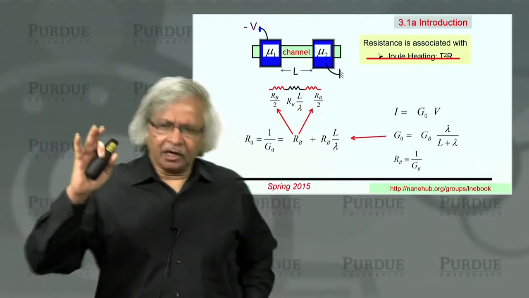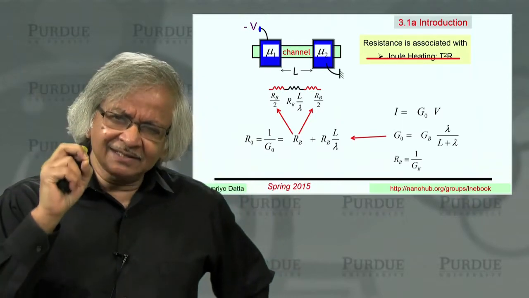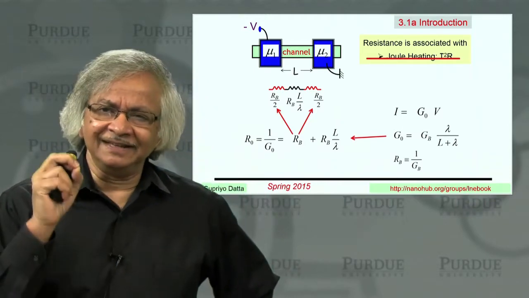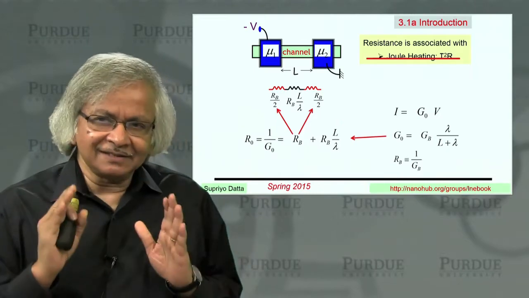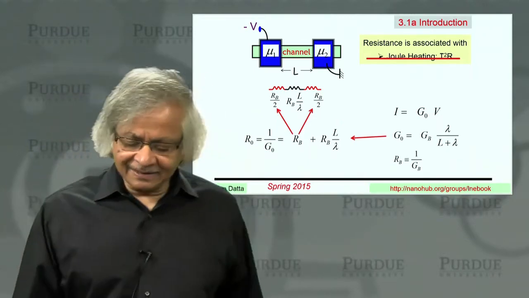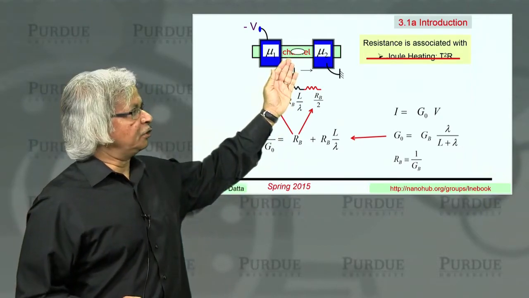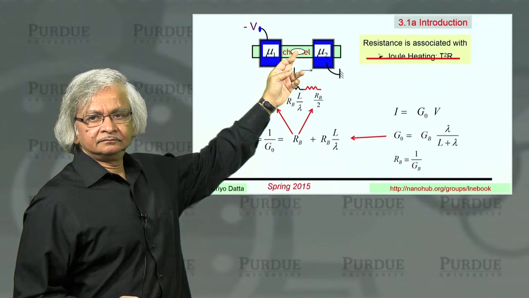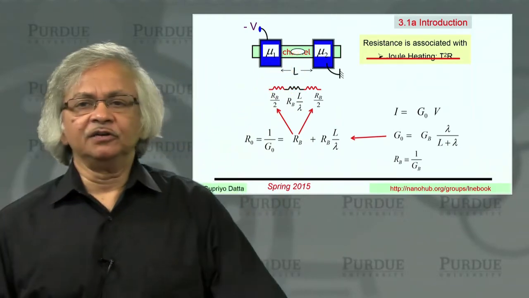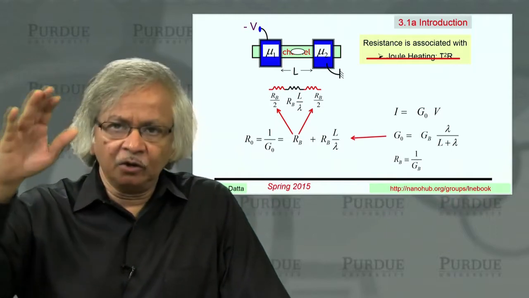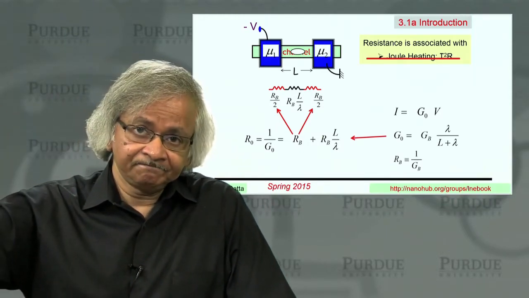Well, you could adopt that view, but it goes against something that we all feel instinctively. So it doesn't quite go with this intuitive feeling. And that is this: if I take this channel and punch a hole in the middle, we all know that the resistance will go up. If it used to be 1 kilo ohms, I make a hole, it will probably be 5 kilo ohms, maybe 10 kilo ohms.